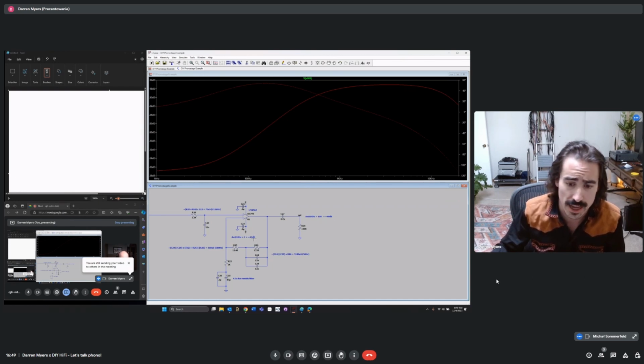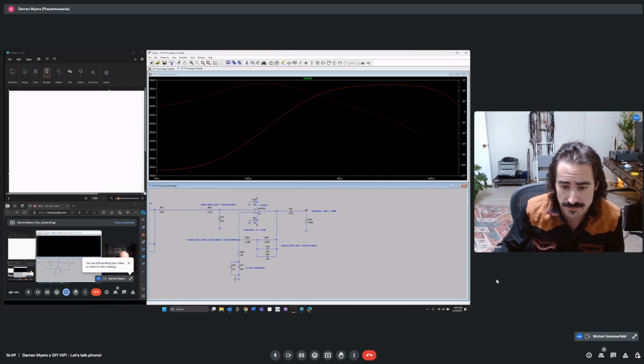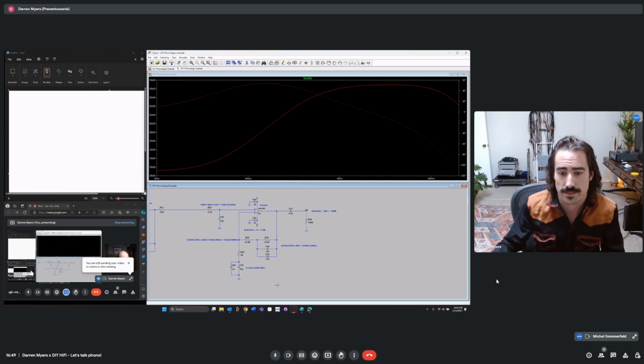Then we also have to make sure to, at 1 kilohertz, apply 17 dB of gain to be able to get our spec of 40 dB at 1 kilohertz on the output. So we end up with this network that looks like this.